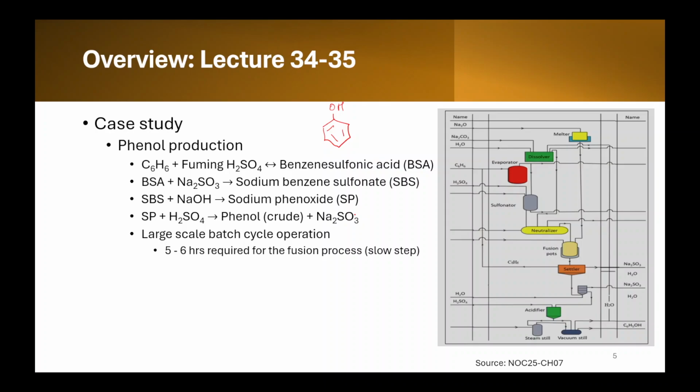If you dilute this benzene sulfonic acid and add heat, it will go in the reverse direction. You don't want that, so you keep removing the water as well as the heat. This first step is called sulfonation.